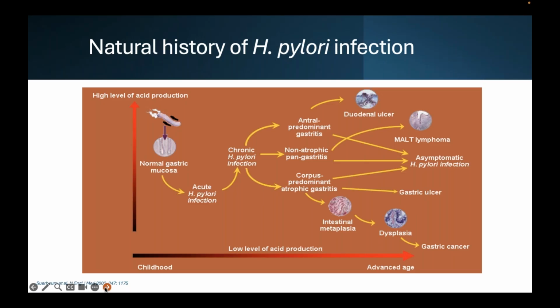At the bottom of that section, if the infection affects mainly the body or the corpus of the stomach, the top part of the stomach, this is the phenotype that is associated with low acid secretion, and these patients are at risk for gastric ulcer, intestinal metaplasia, and other pre-neoplastic gastric changes, which can ultimately result in gastric cancer as the patient gets older.